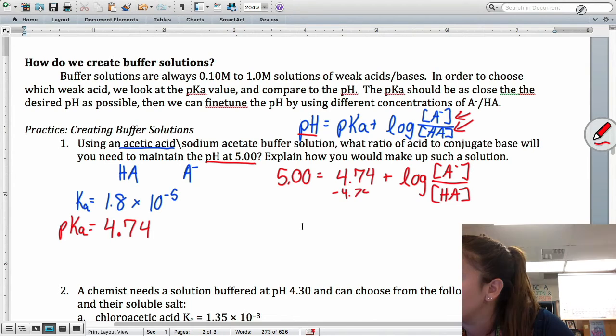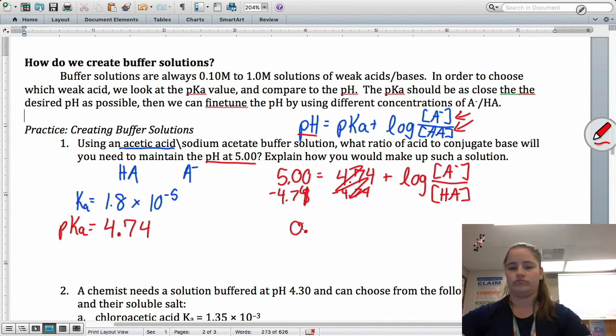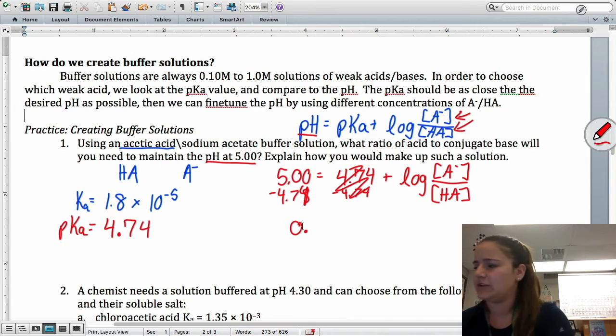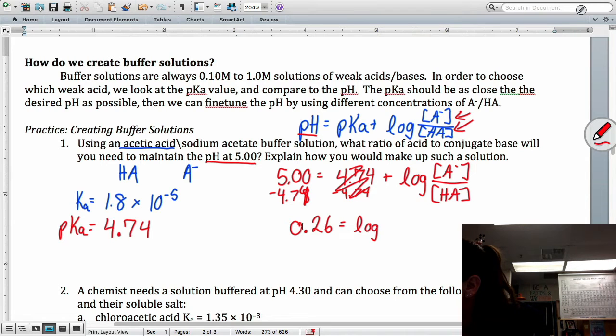Minus 4.74 on both sides, so we have 5 minus 4.74, and I need to use my calculator for this. 0.26 equals the log of A minus over HA.